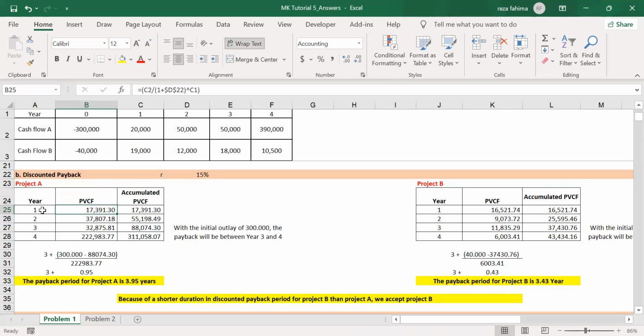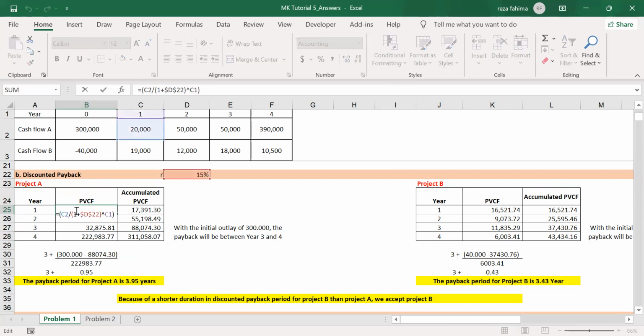For example, here the present value of cash flow for year 1 is the cash flow of year 1 of project A, which is 20,000, divided by 1 plus the required rate of return or discount rate that is stated in the question, in the power of 1, since we're calculating the cash flow of year 1 of project A. So in the power of 1.